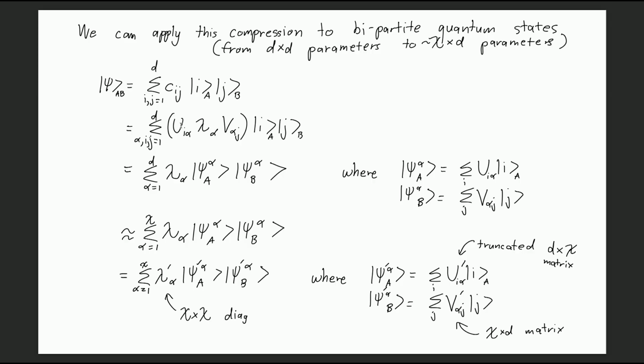And what you get after absorbing these unitaries, after contracting this unitary with these basis elements to get these states, is essentially a form of the state that looks like this, where you have a summation over singular values multiplied by tensor products of orthogonal sets of states like this. So this is called the Schmidt decomposition of a state.